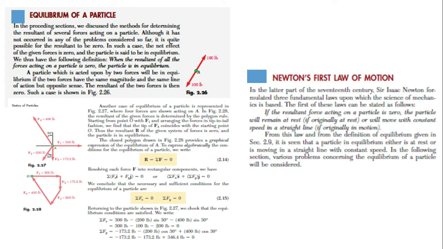Now you simplify the values and add them algebraically. What do you get? 173.2 pounds minus 173.2 pounds plus 346.4 pounds.